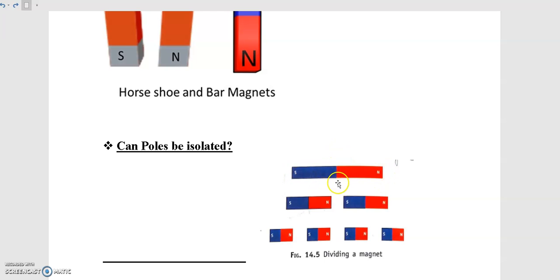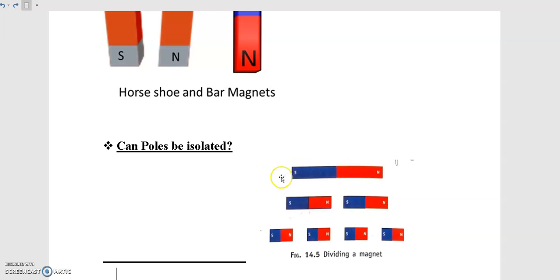Now, if we cut it further, we can see that there are two magnets now. But still, we cannot isolate the north and south poles. Instead, we will end up with two separate magnets, each with its own north pole and south pole.